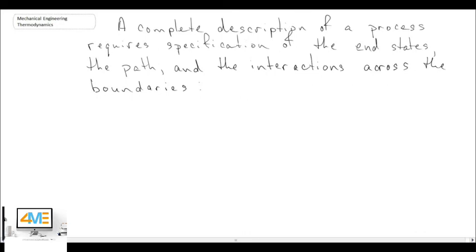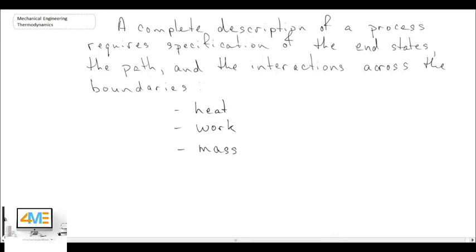Well, we talked about that earlier. We said that heat can cross the boundary. Remember, we said that for either an open or a closed system. Work can also cross the boundaries. And finally, in the case of an open system, mass can cross the boundaries. So those are the three things.